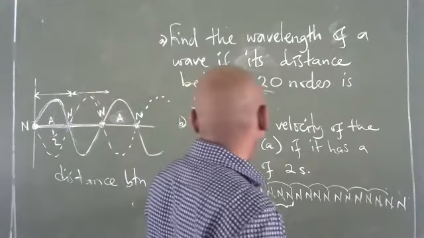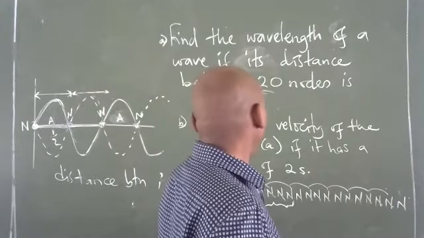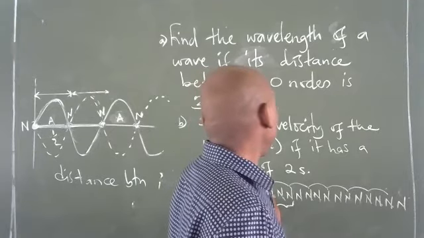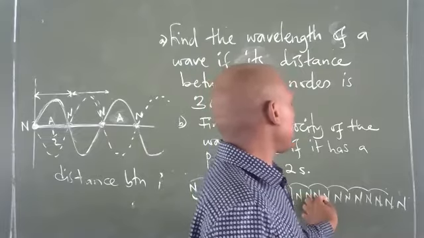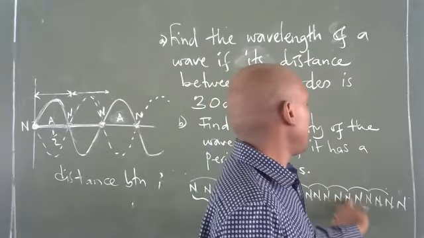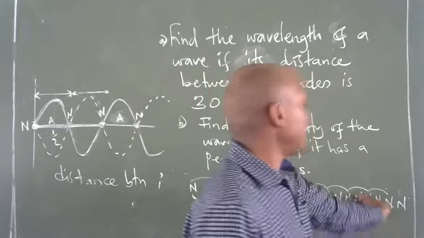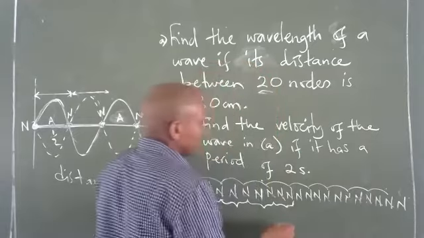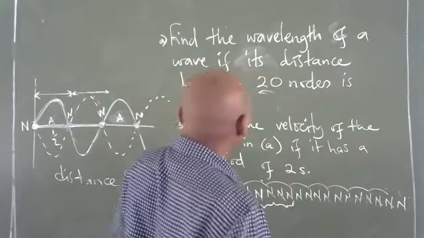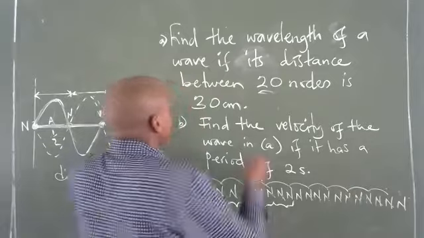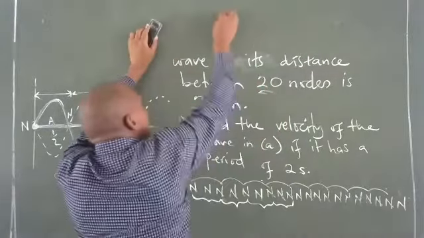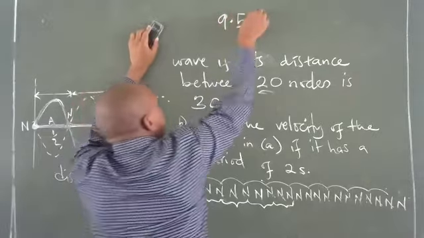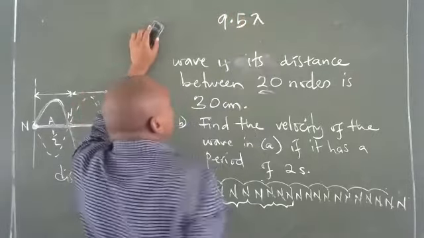So this is 1, 2, 3, 4, 5, 6, 7, 8, 9. So we have 9 and a half. That's 9.5 of our wavelength.